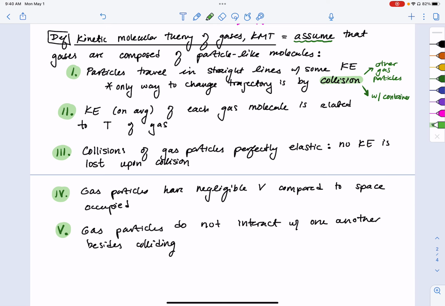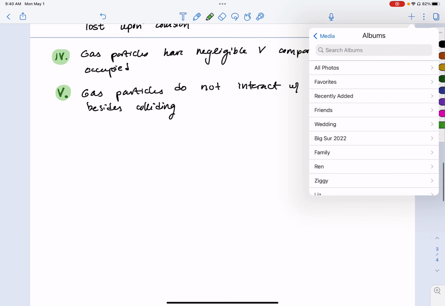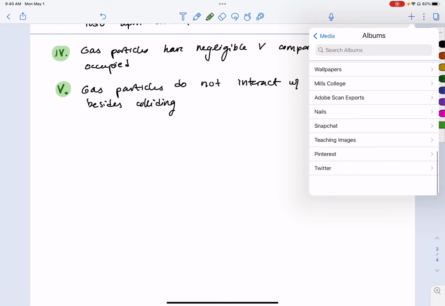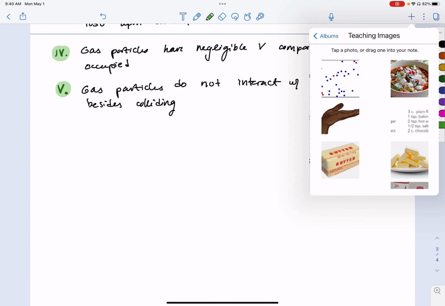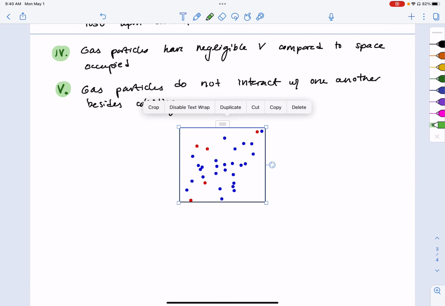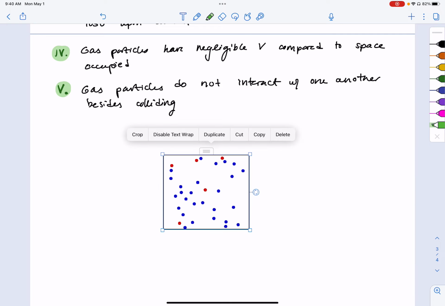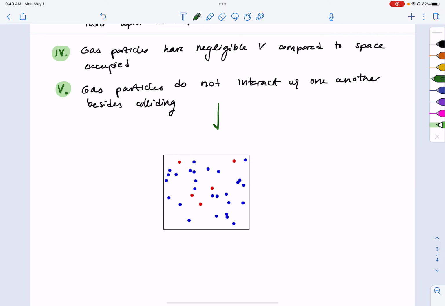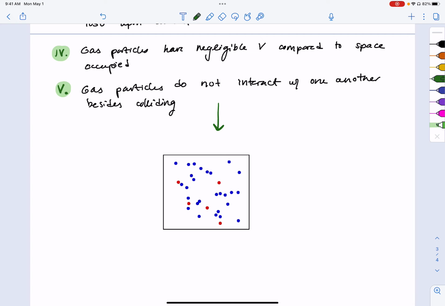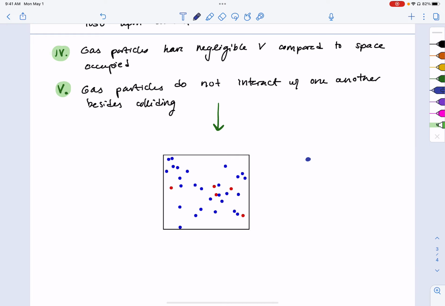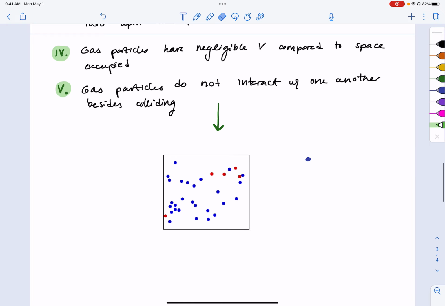So what does this look like? I like to imagine what's going on with kinetic molecular theory by thinking about some kind of container. So here we have this square, this is our container, and inside we've got some blue gas type particles. Let's call this gas 1.